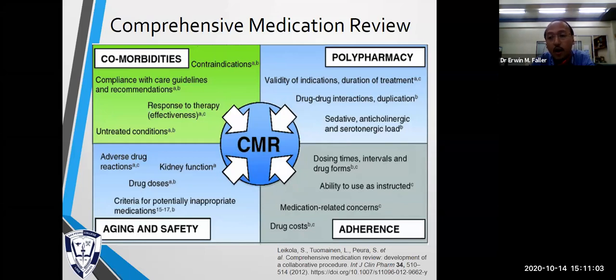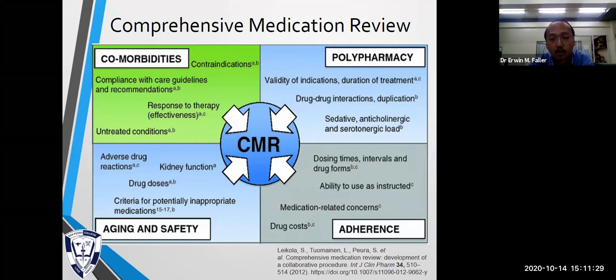Now, moving on to another factor would be polypharmacy. In polypharmacy, we all know that there are two or more medications taken by the client or the patient. So we are able to validate the indication, the duration of the treatment, and of course, other factors.